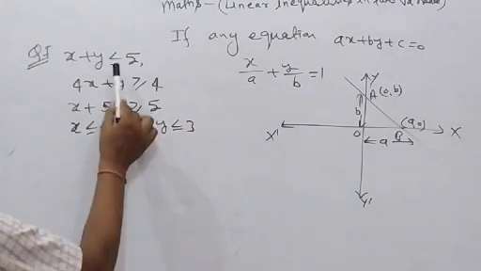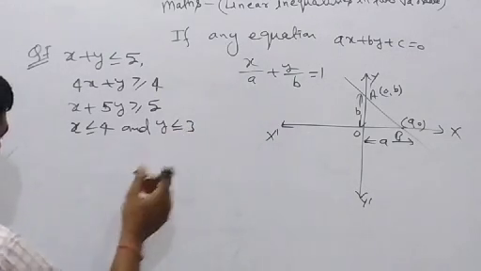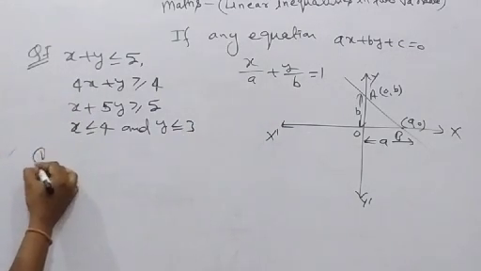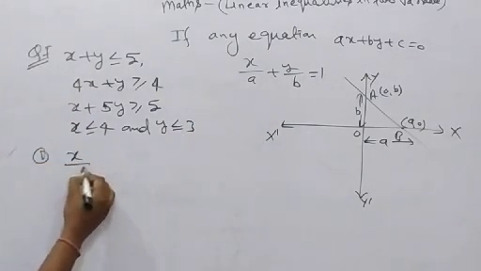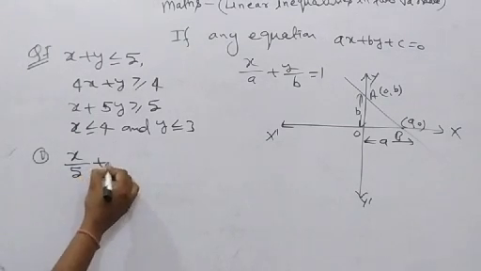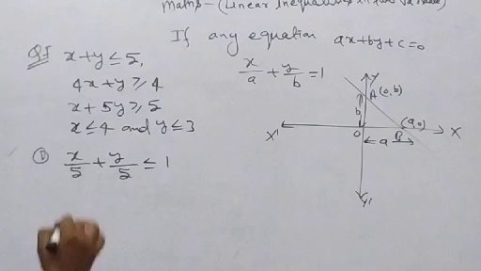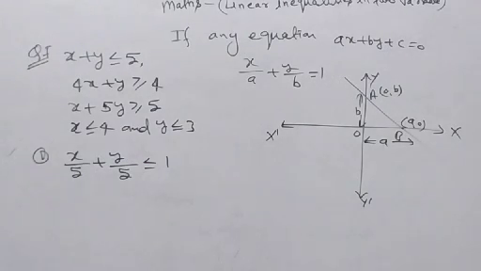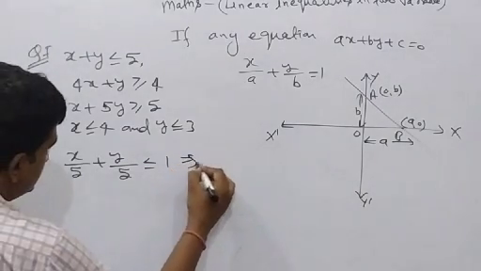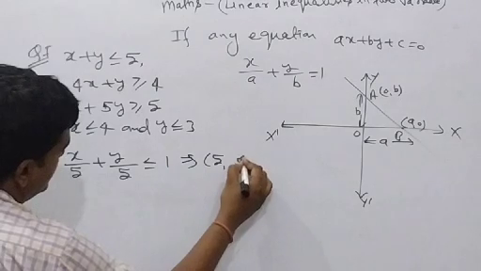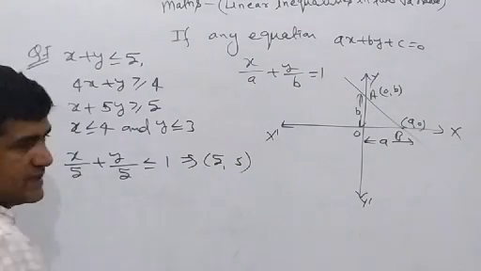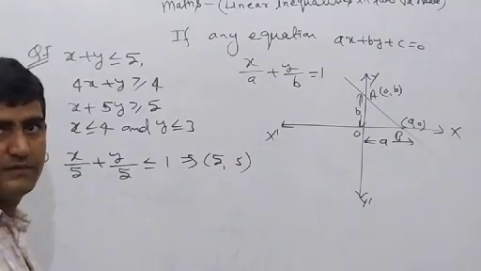Now first of all, we have to change this question into this form. Equation number 1: x by 5 plus y by 5 is less than or equal to 1. Understood? It means 5 comma 5, x is equal to 5 and y is also equal to 5. Clear?